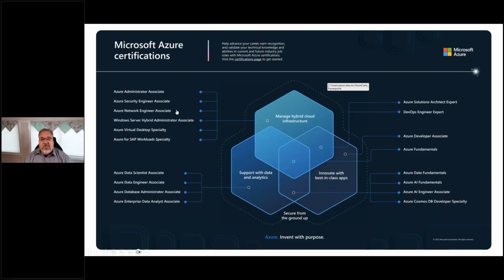So certifications. This slide really is to give you an idea of what certifications are out there: managing a hybrid cloud infrastructure, data and analytics, best-in-class applications. The one that I talked about initially was the AZ-104, which would be up at the top, the Azure Administrator Associate.